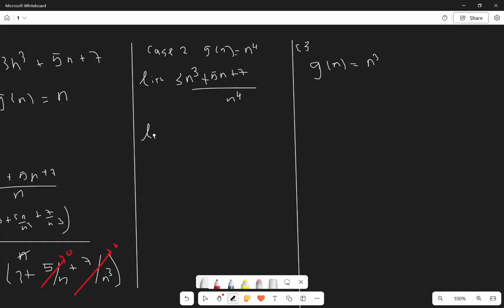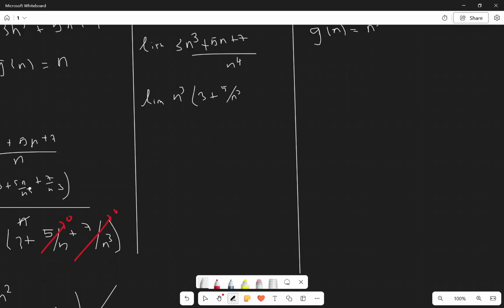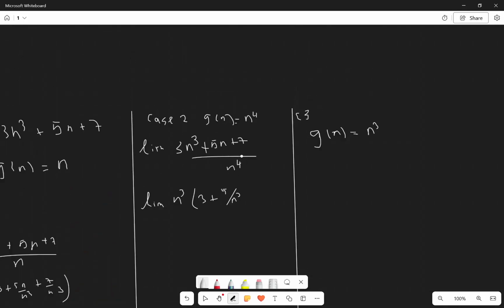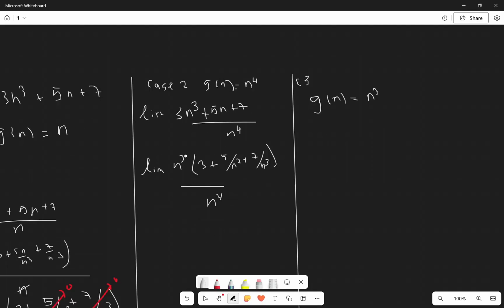Over here we have the limit of n cubed times 3 plus 5 divided by n, oh, this should be n squared, isn't it? N squared, plus 7 divided by n cubed, all divided by n to the power 4. So this gets simplified.